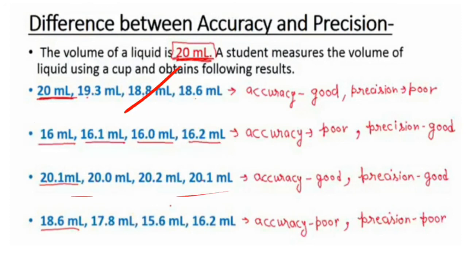In the third set, the readings are very close to the true value, and also close to each other, so accuracy is good and precision is also good. In the fourth set, 18.6, 17.8, 15.6 and 16.2, the average is very far from the true value, and there is a lot of difference between the individual readings, so accuracy and precision are both very poor.